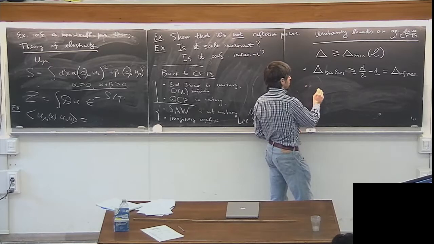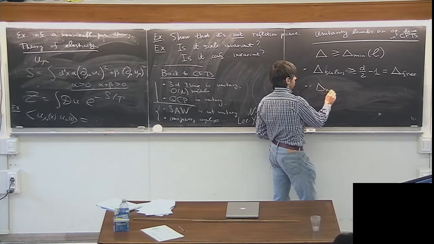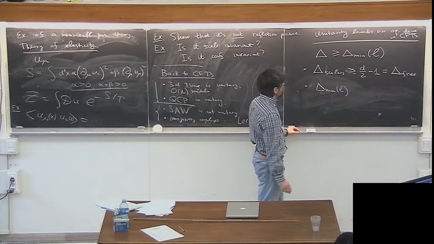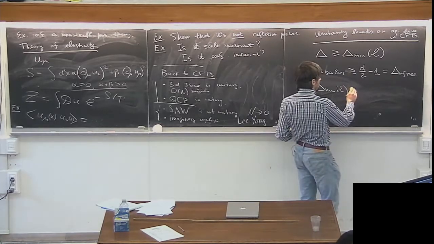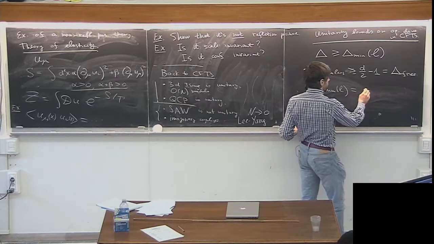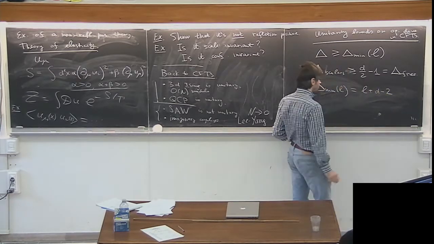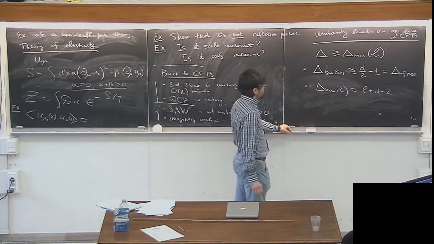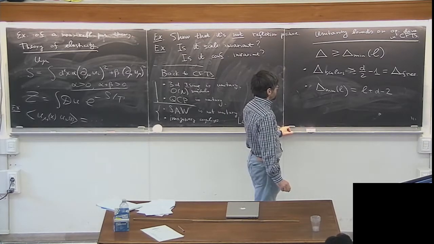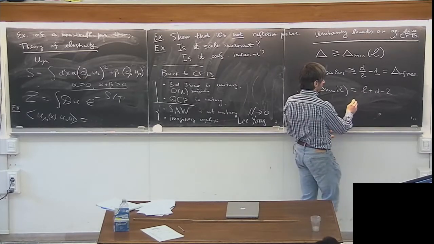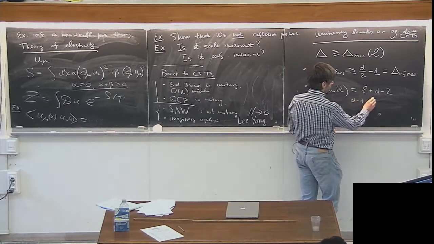Now if you consider operators with spin, then this unitarity bound is equal to L plus d minus 2. So in particular, for L equal 1, you get d minus 1.